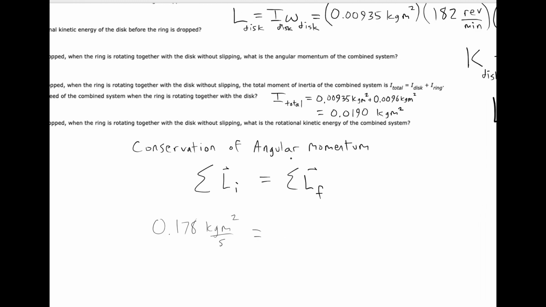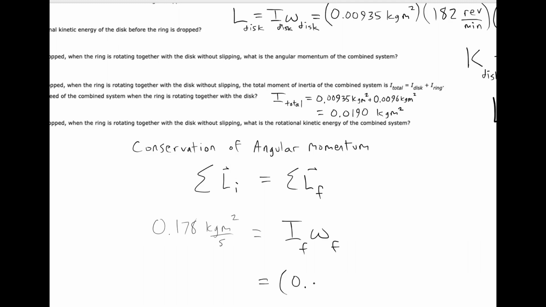Now at the end, we're going to substitute in the formula for angular momentum, which is moment of inertia times omega. And we're going to figure that the ring and the disk are going to be combined into a moment of inertia of 0.190 kilogram meters squared at this time.